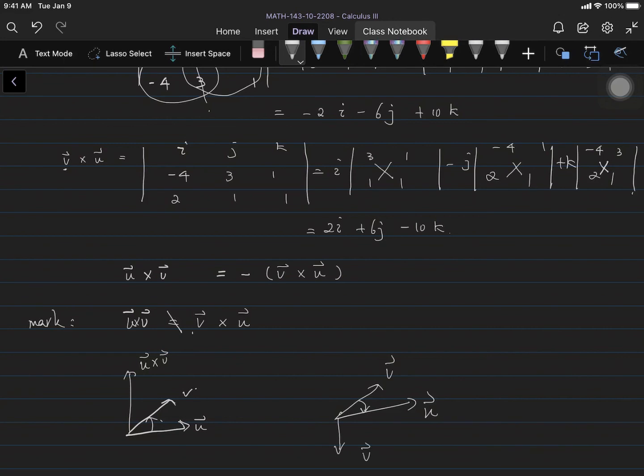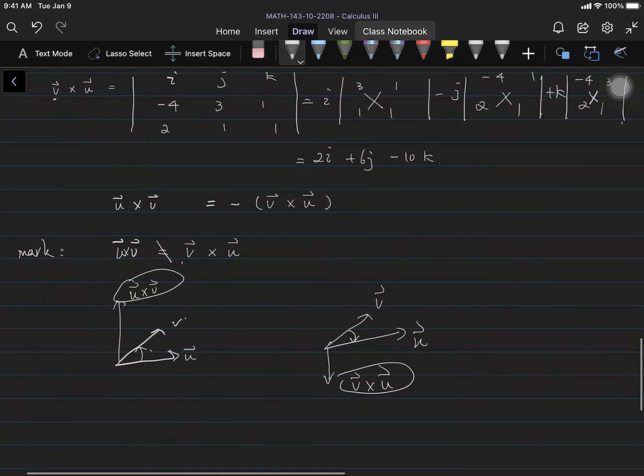So this is V cross U. You can see those two vectors point in totally opposite directions.